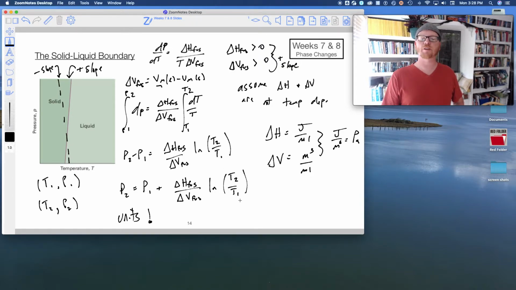But now you have to plug in a P1 and a T1 into this equation, all right? So typically for P1 and T1, you could use the triple point. So you could say whatever T triple point is, then you would use the P triple point, all right?